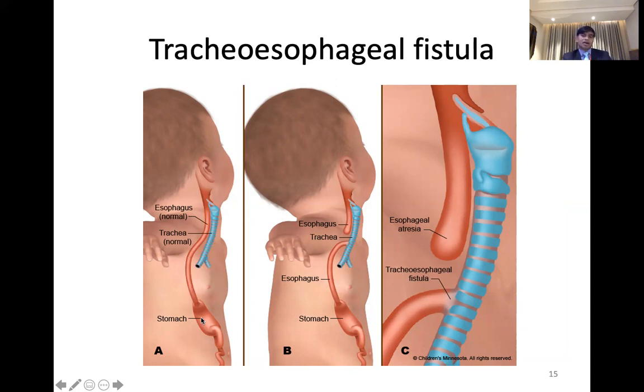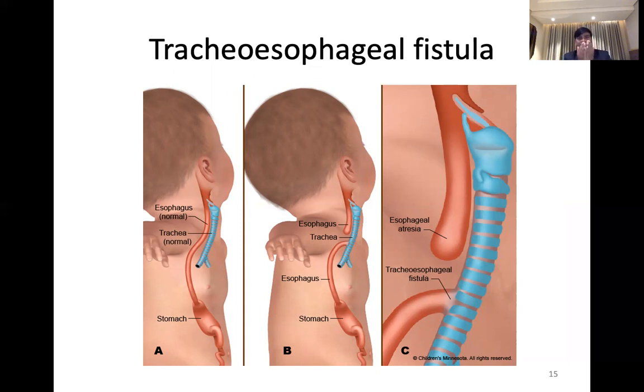So the trachea and esophagus develop from a common primitive foregut, and at approximately 4 weeks of gestation, the developing respiratory and the gastrointestinal (GI) tracts are separated by the epithelial ridges. Now what will happen?